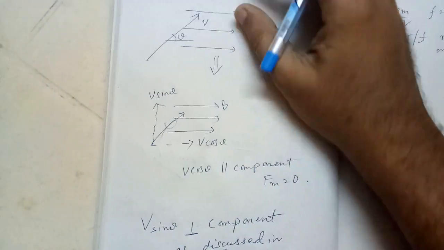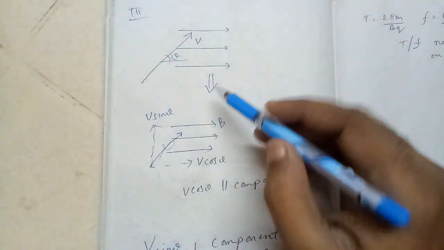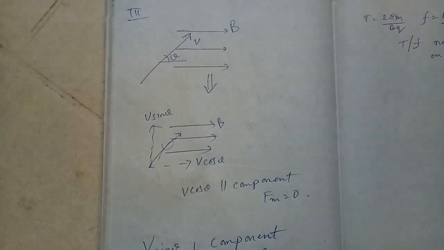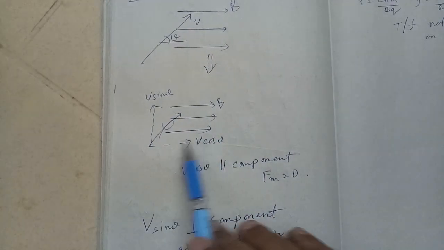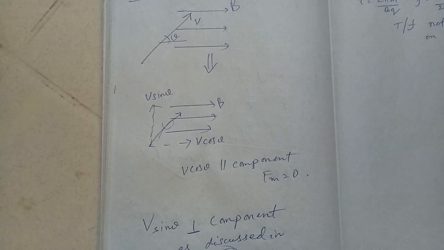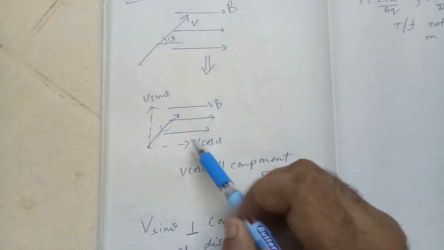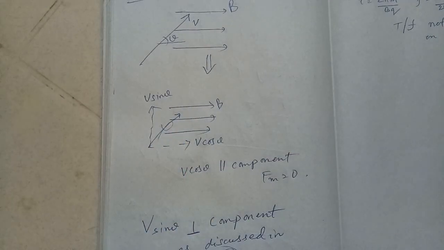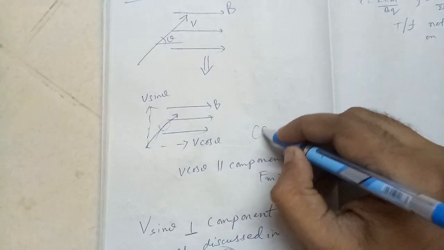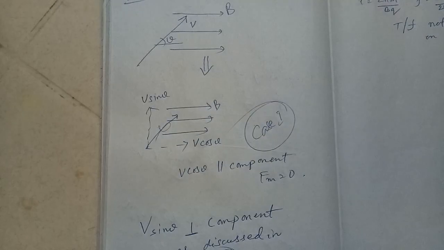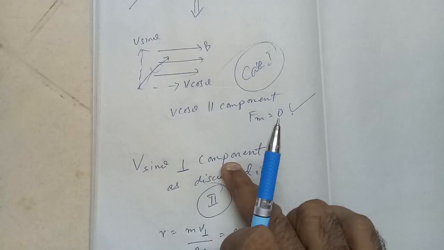There will be a general case where the v vector is making some angle theta with the B vector. This basically reduces down to components. If you take v cos theta and v sin theta, you can independently tackle them. v cos theta, as you know, is the parallel component. It is similar to case 1. Fm will be equal to 0. Now v sin theta is the perpendicular component.